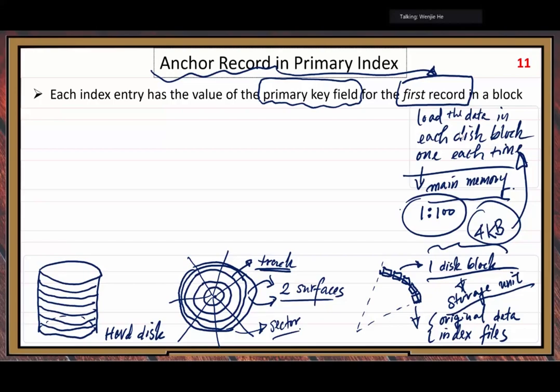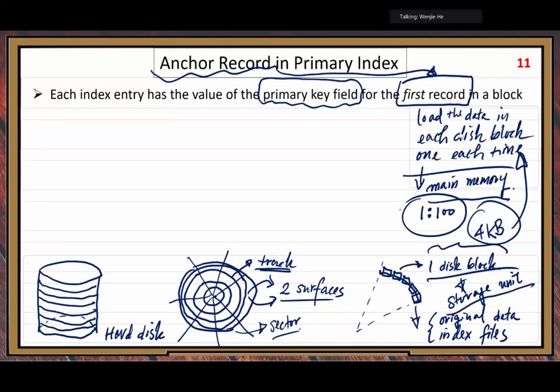With just 1/100th of the search time in the hard drive, you don't worry about it. Even linear search, you can do it very fast. So that's the background information before we get to the structure of the primary index.